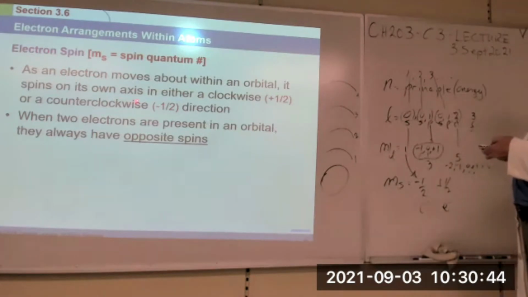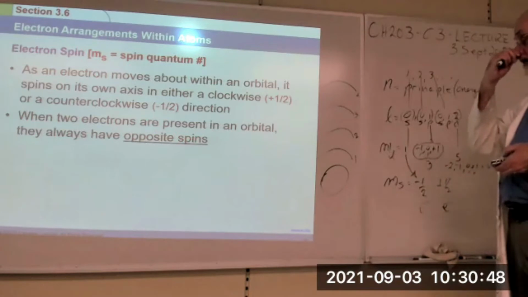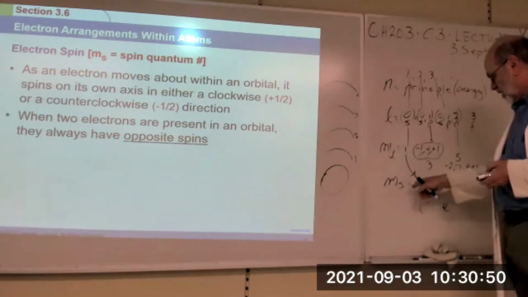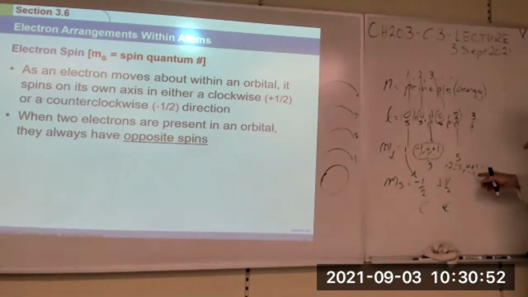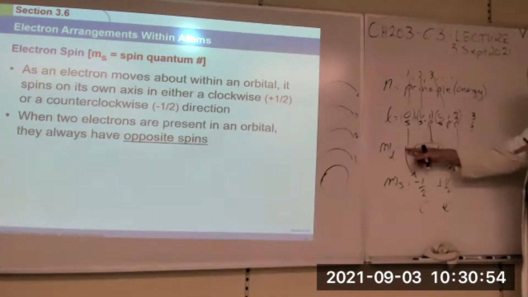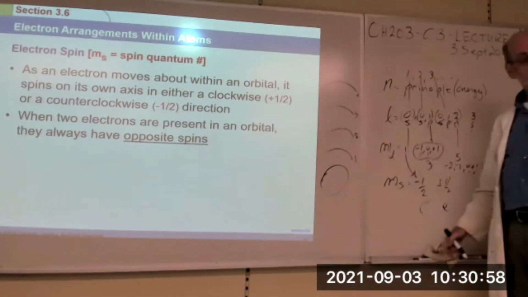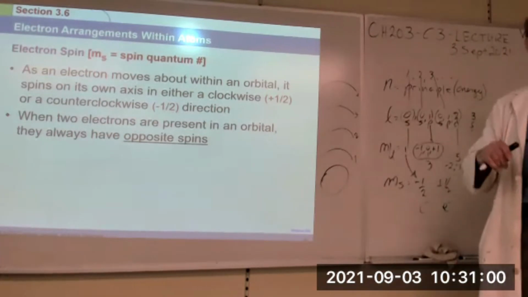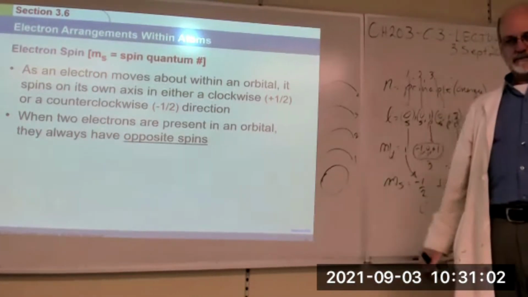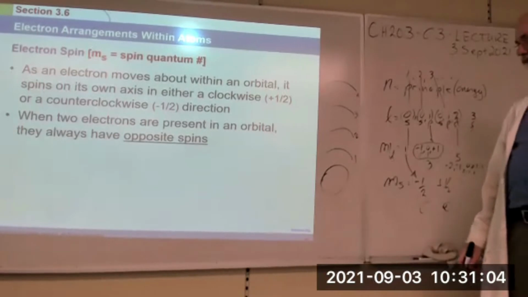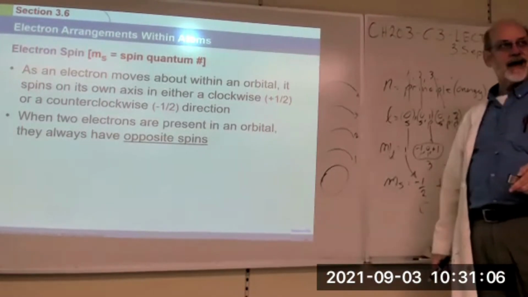We mentioned spin. Okay, so that's this one. In other words, those electrons are located in one of these m sub L's. And in order to do that, they have to have opposite spins. If they've got the same spin, they will kick one of them out.